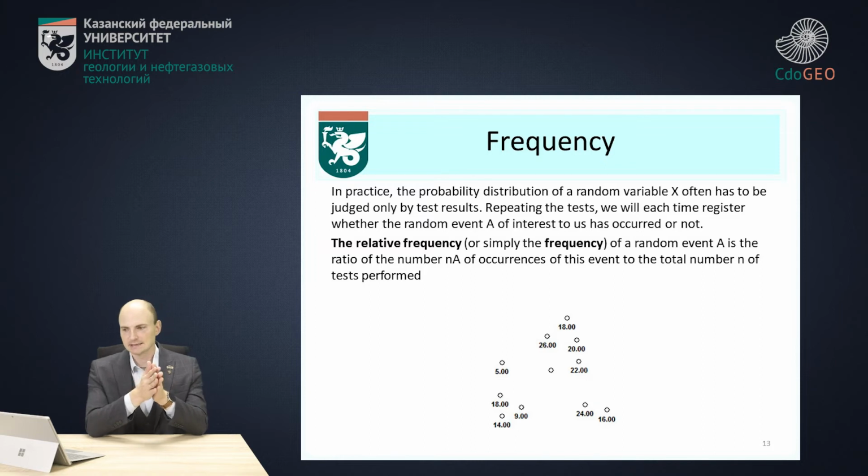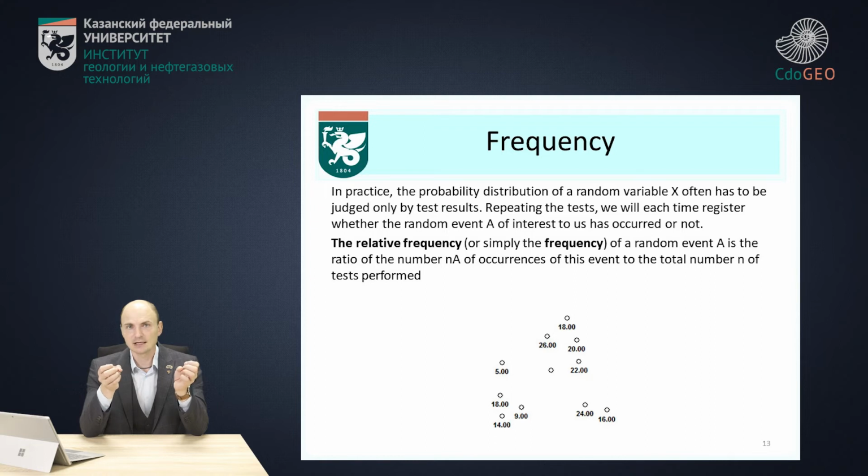But in practice, the probability distribution of the random variable, porosity in our case, is judged only by tests. Repeating the test, each time we register a different value of this random variable. So we have to talk about the relative frequency, or simply frequency, of a random event.